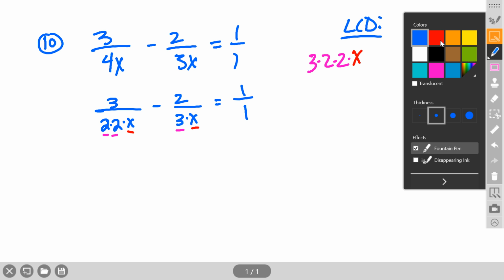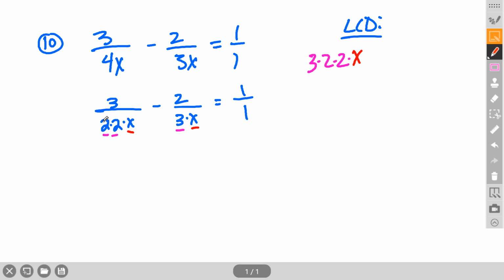So we need to create that in each one. This one would have to get multiplied by 3. It has the 2's and the x. This one would have to get multiplied by the 2's. And this one would have to get multiplied by everything.